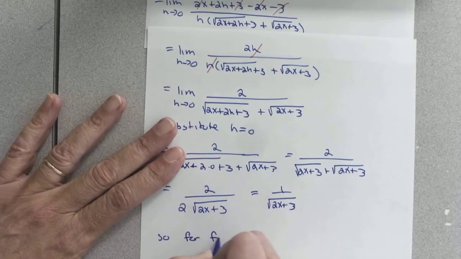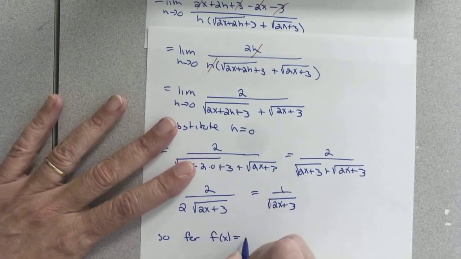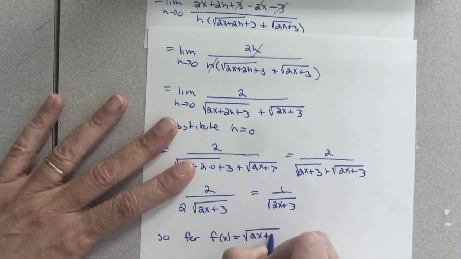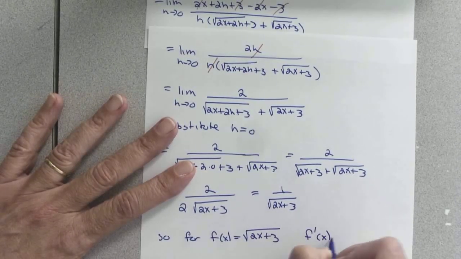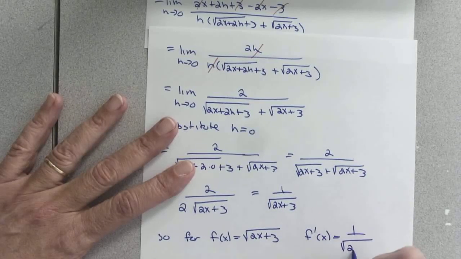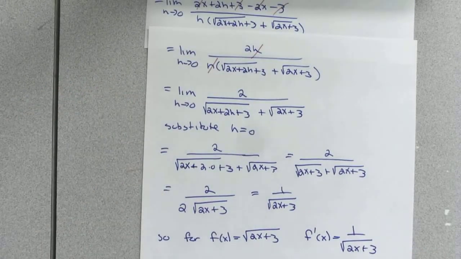For f of x equals the square root of 2x plus 3, the derivative f prime of x is 1 over the square root of 2x plus 3. And then like I said before, if you happen to know the shortcuts or the basic rules for differentiation, you can certainly check that by looking at those basic rules. Okay, we'll end this video with this problem.